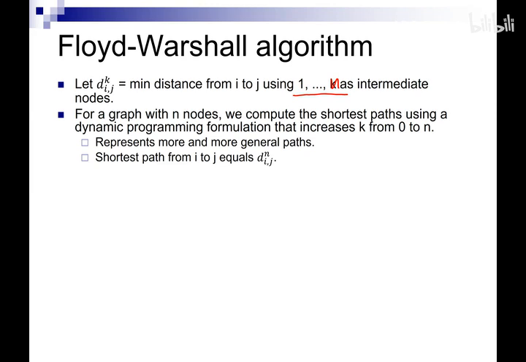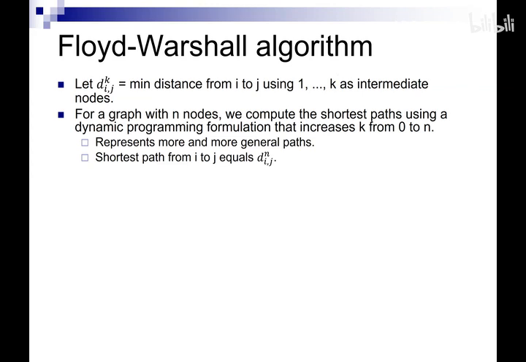So that imposes no restrictions on the path, and basically that means that d_ij(n) is simply equal to the shortest path from i to j.